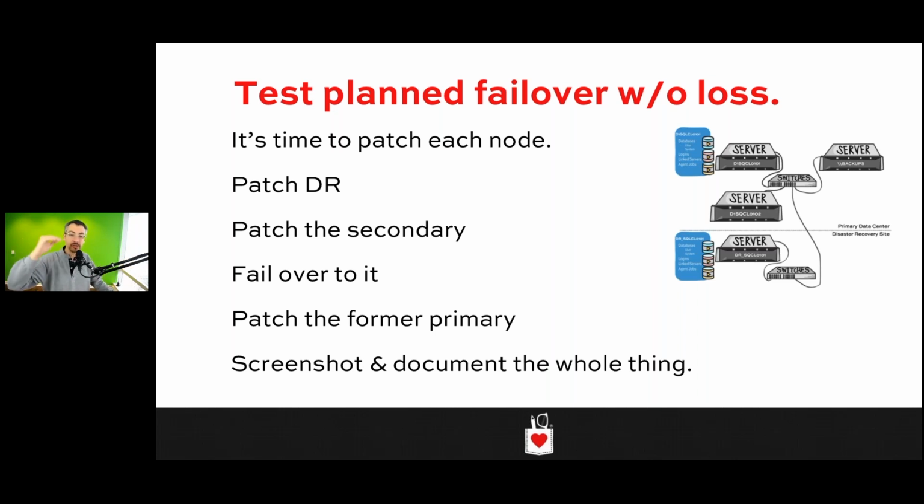You're going to screenshot and document the whole thing because you're going to build a little checklist so that anyone can walk through this. Anyone's the wrong word. This is really for people like us, but it's just so that I can swap out any member of my DBA team, especially the more junior members of the DBA team, and have them follow a checklist.